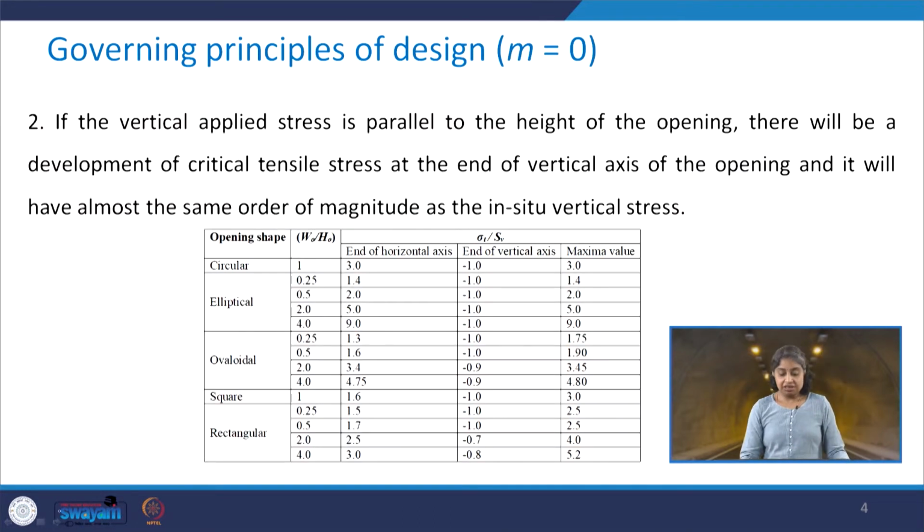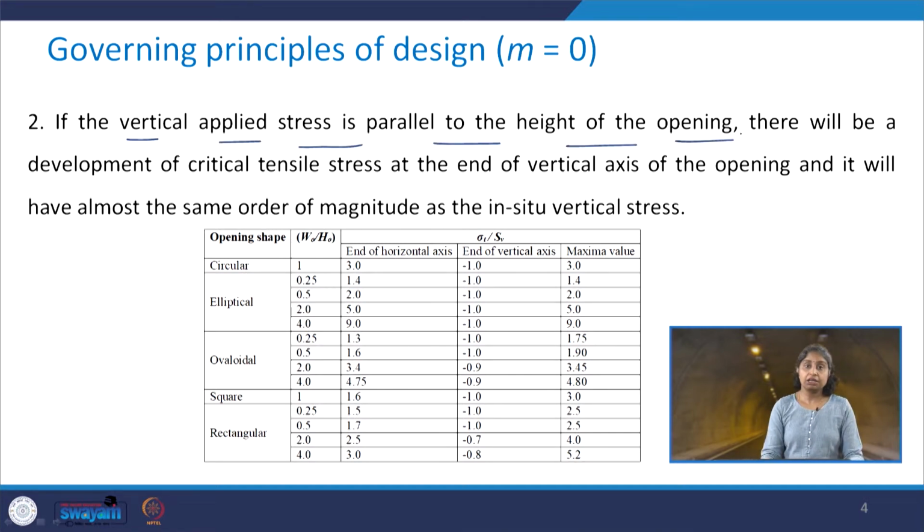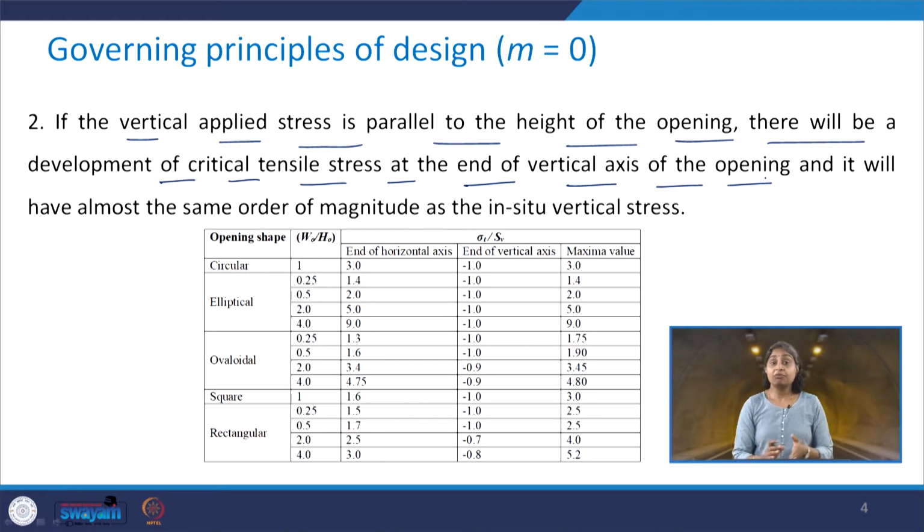Now, coming to the second one. Here I have put this table for your ready reference, the same table that we had seen earlier. In this case, if the vertical applied stress is parallel to the height of the opening, then there will be the development of the critical tensile stress at the end of the vertical axis of the opening, and it will have almost the same order of magnitude as that of the in situ vertical stress.